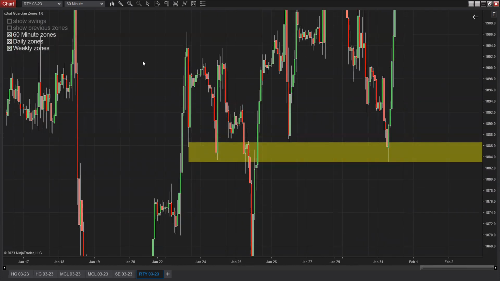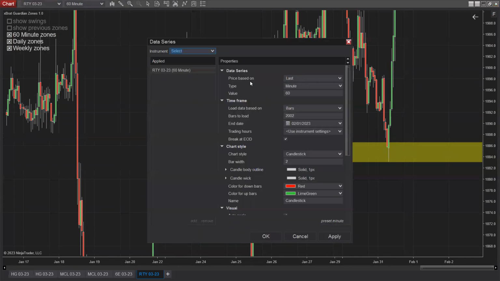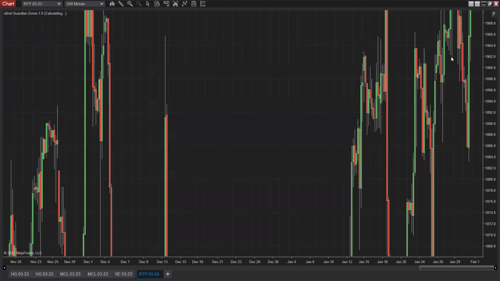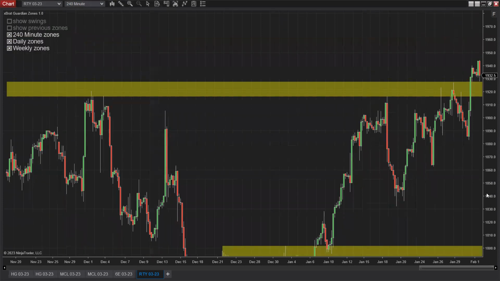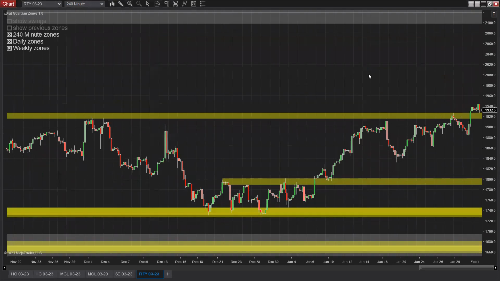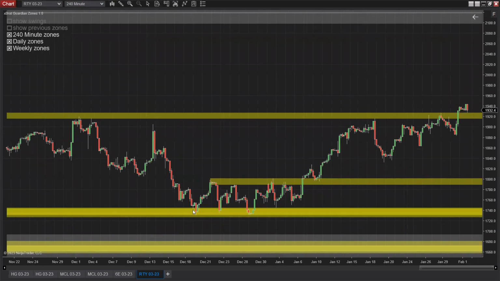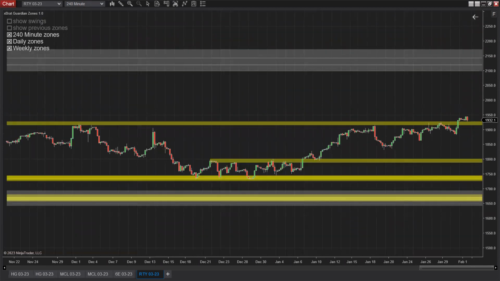So if I change that data series now to 240, now your 240 is in orange because that's the current time frame you see up here. Your dailies are in gray up here and here.